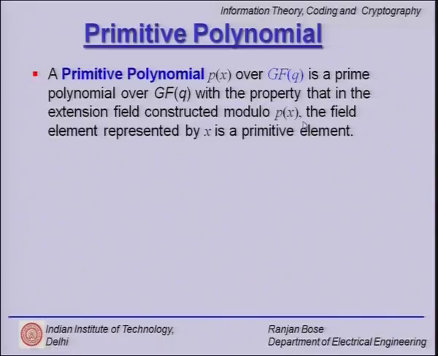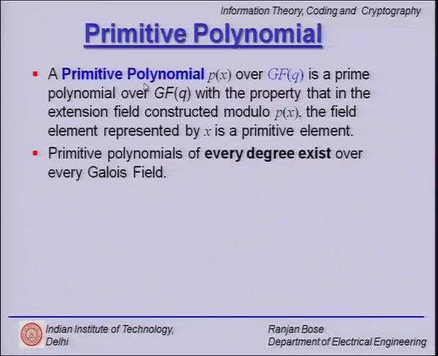But the property here is that the extension field constructed modulo p of x, the field element represented by x is a primitive element. So under this condition, you have the polynomial p of x is a primitive polynomial.